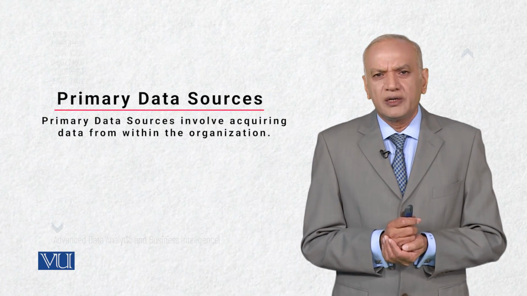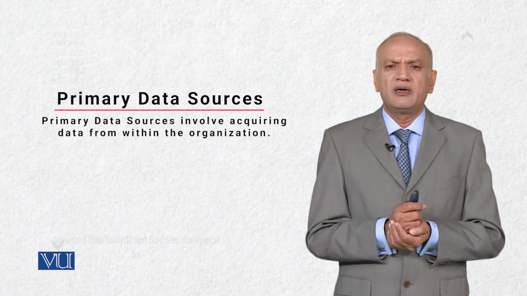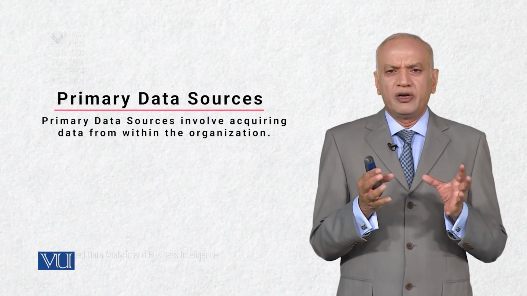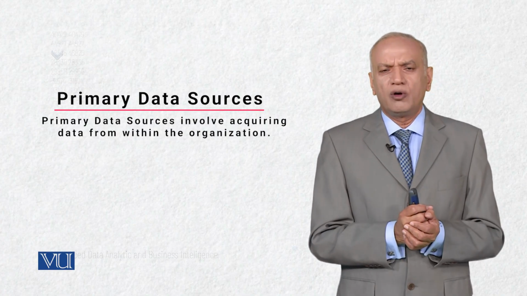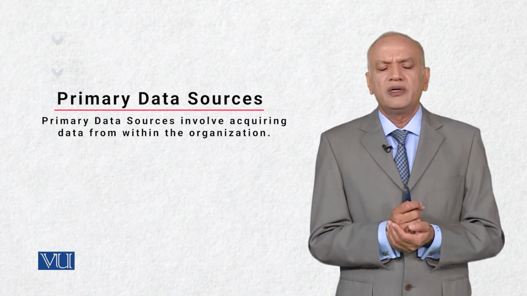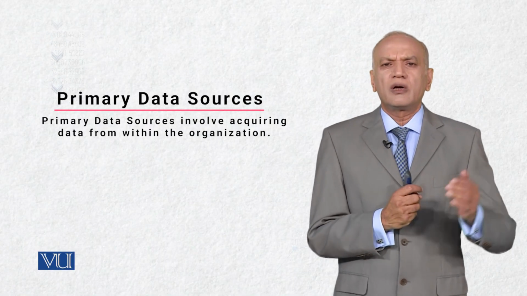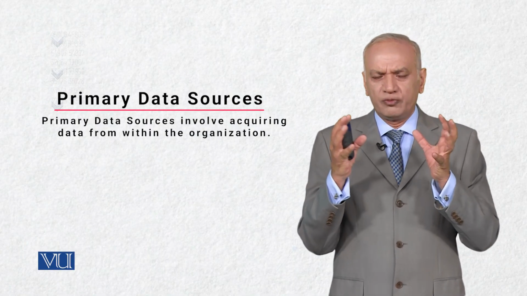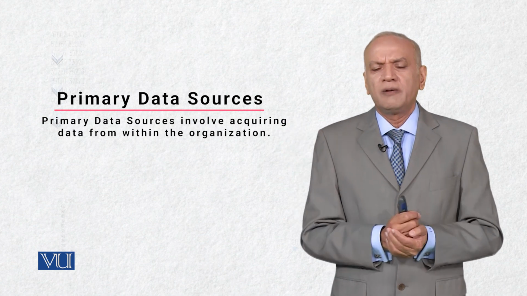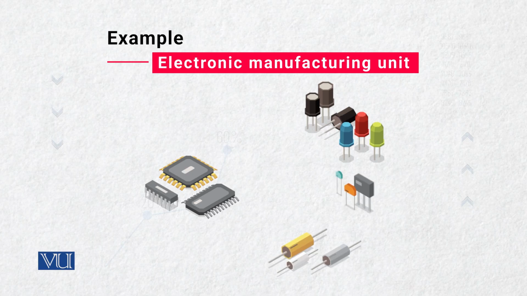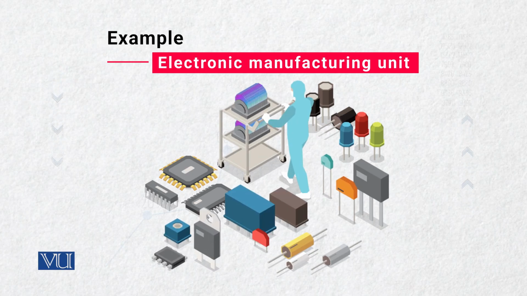primary data sources are always available within your organization, or where you have direct access to the data. Suppose we are analyzing manufacturing. There is a plant which produces data, and these days modern manufacturing assembly lines are almost all based on computerized systems.